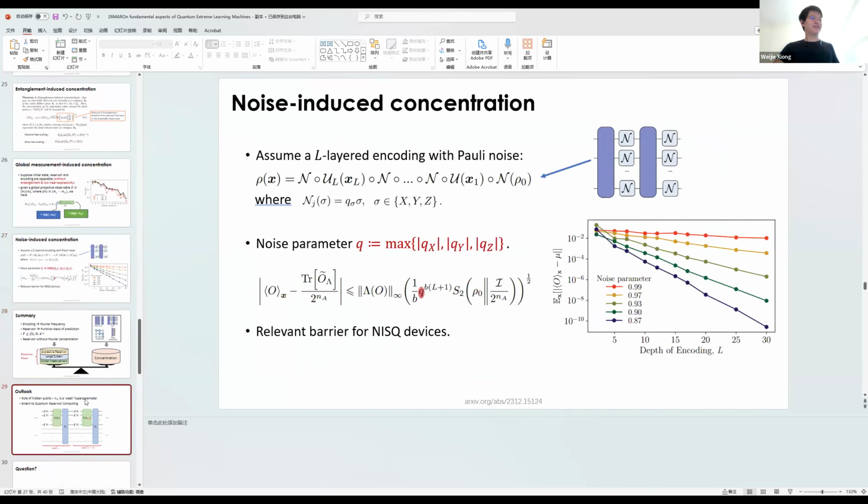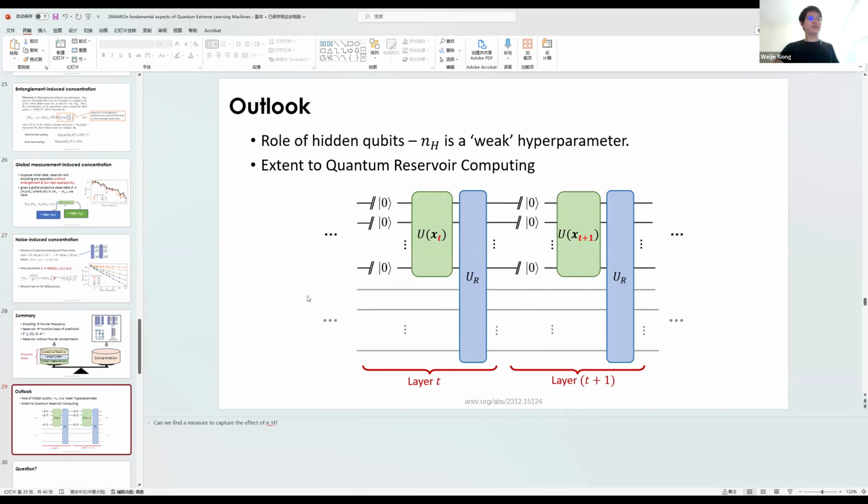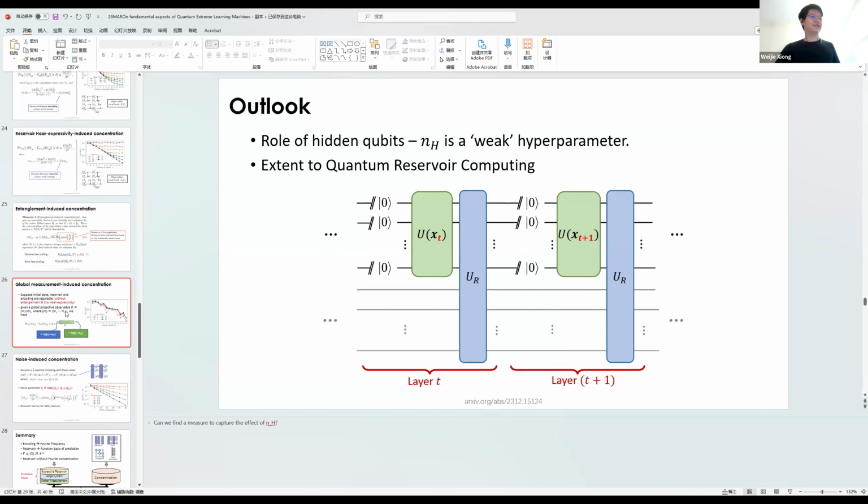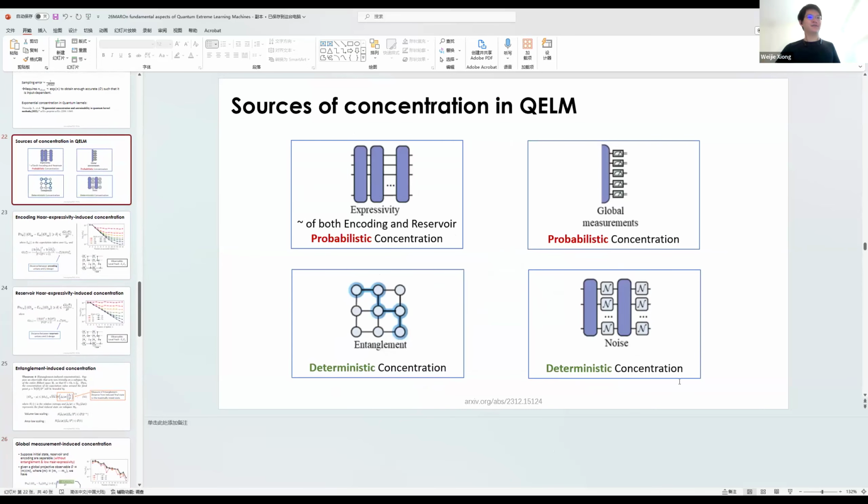Also, in the community of reservoir computing, in Ortega's paper, they conclude that the contraction of the channel after each step is very important. So it's also interesting to see whether these sources can be viewed as a source of contraction.